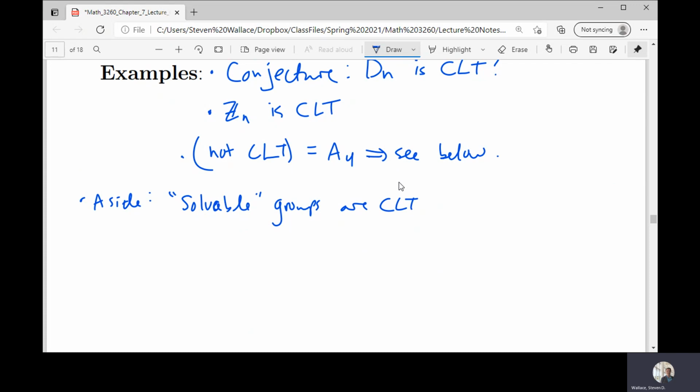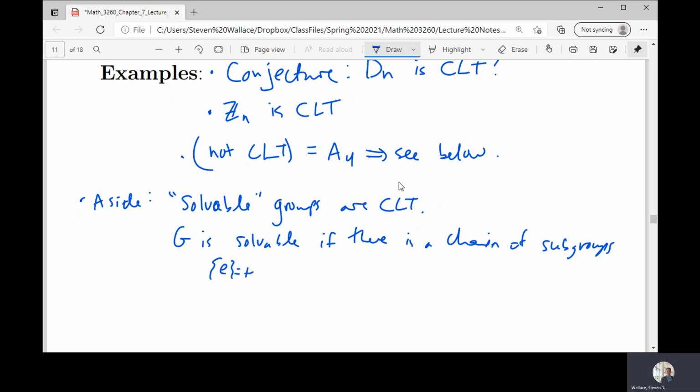So a solvable group is one in which there is a chain of subgroups that satisfy the following sort of relationship.